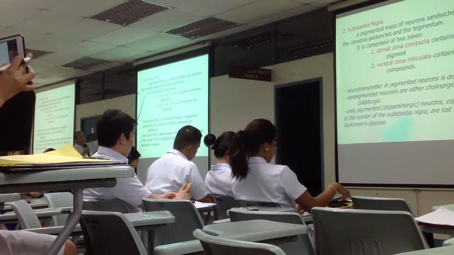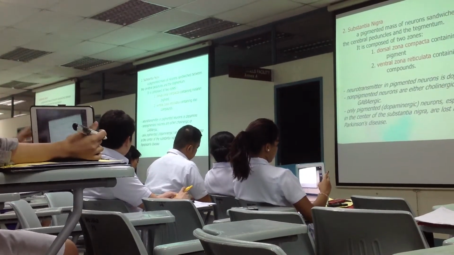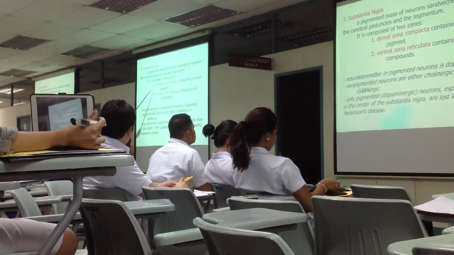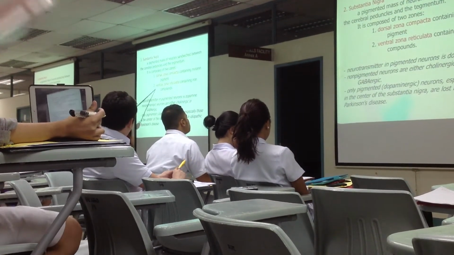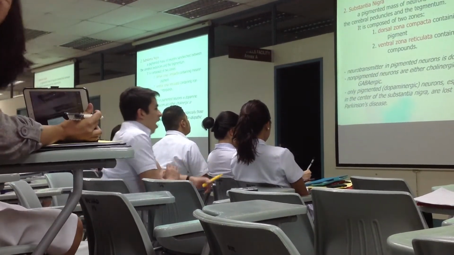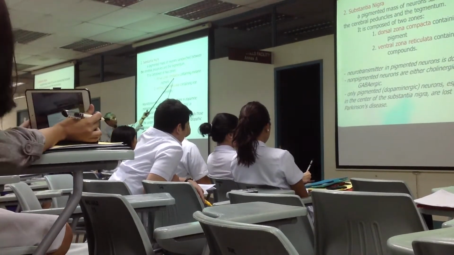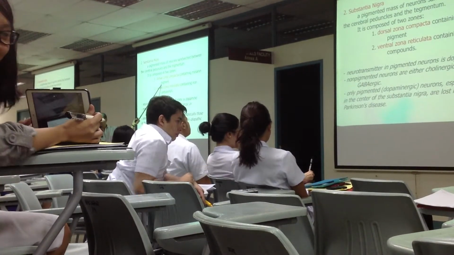Now, the substantia nigra, just posterior to your crus cerebri, is made up of two parts: dorsal, the zona compacta, and your ventral, the zona reticulata. Okay? Now, this pigmented mass, the zona compacta, contains the melanin pigment that contains your dopamine.